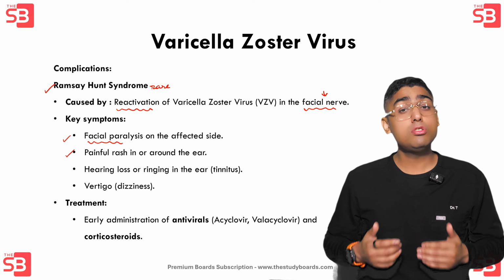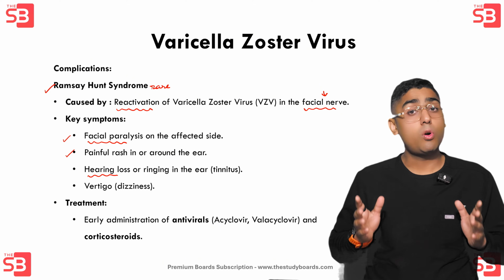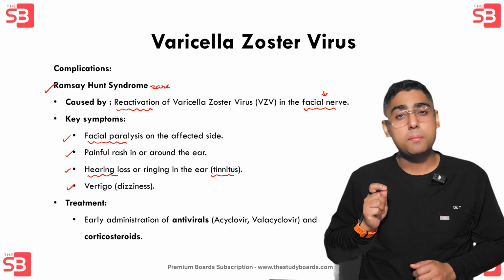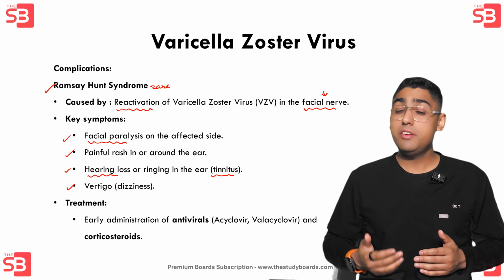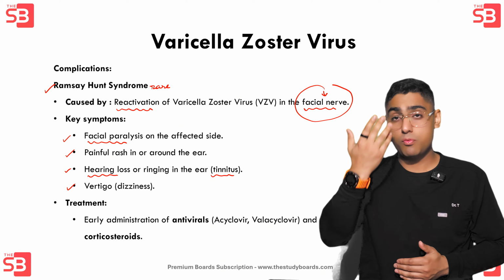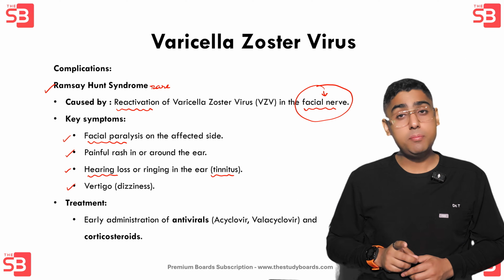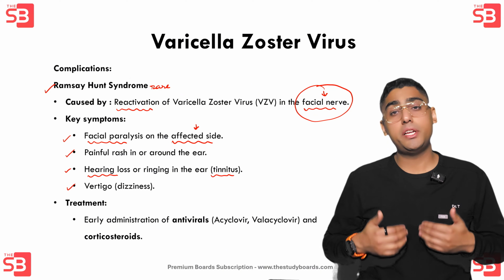And the syndrome can also cause hearing loss, vertigo, and tinnitus. Now, what makes Ramsay-Hunt syndrome particularly concerning is its impact on the facial nerve, which leads to weakness or even, you can say, complete paralysis on one side of the face. And that is why early diagnosis and treatment are critical for reducing the severity and the long-term complications that can arise.